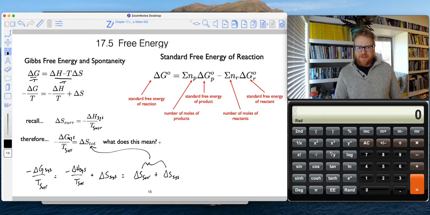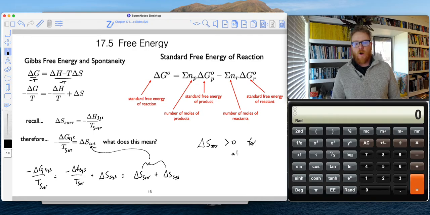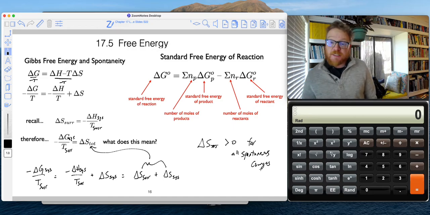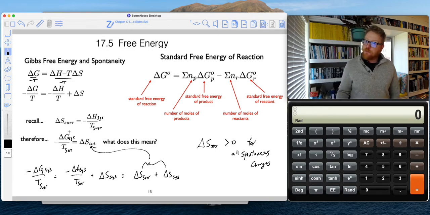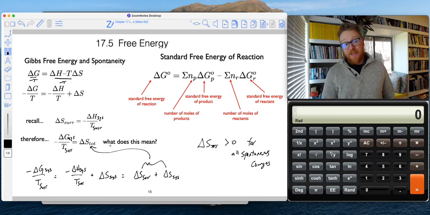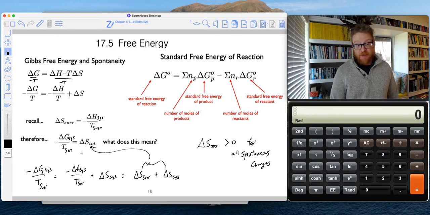So what does this mean? Okay, well, we remember that delta S total must be greater than 0 for all spontaneous changes. So if something is spontaneous, it must have a delta S total greater than 0. Well, now we see this relationship between the delta S total and the free energy of the system. And we can see that they're the opposite, right? There's a negative sign right there.